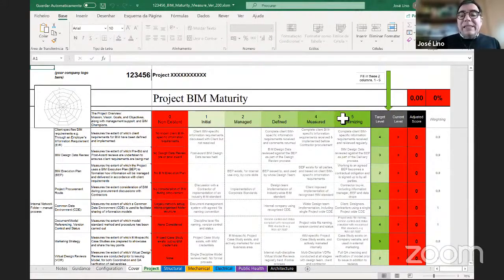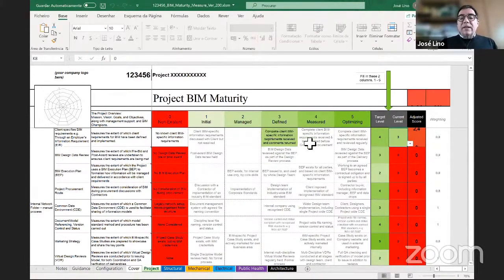So we will decide where we are. And when we decide, for instance, we have complete client BIM-specific information requirements received and comments returned. We can choose, and we decide to put here level 3. And when we put level 3 here, immediately it paints green, and we start to have some grades on my maturity. If I continue, the second one is also level 3.